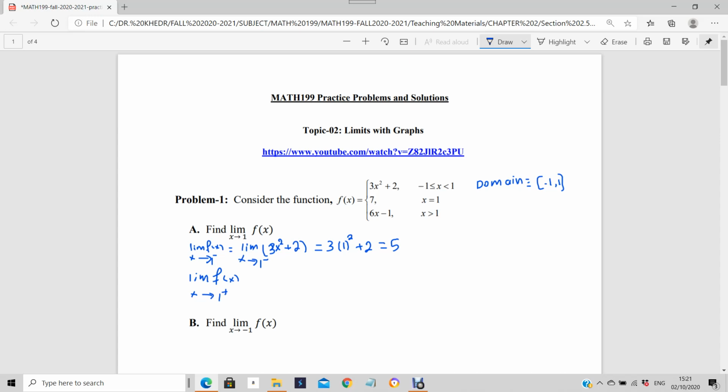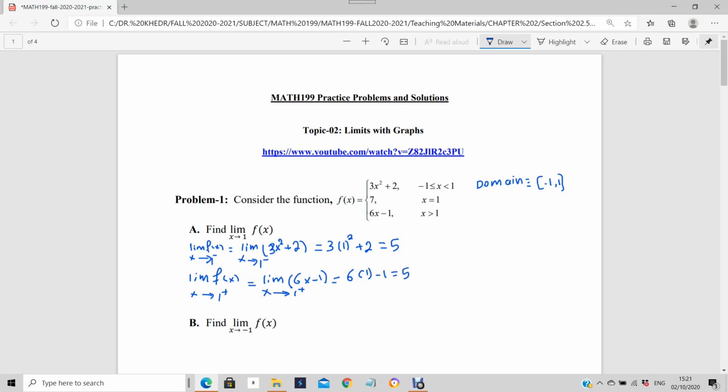So we have to use the last formula. So lim 6x minus 1 as x goes to 1 from right side. We substitute x by positive 1. This will give us 6 minus 1, that is also 5.